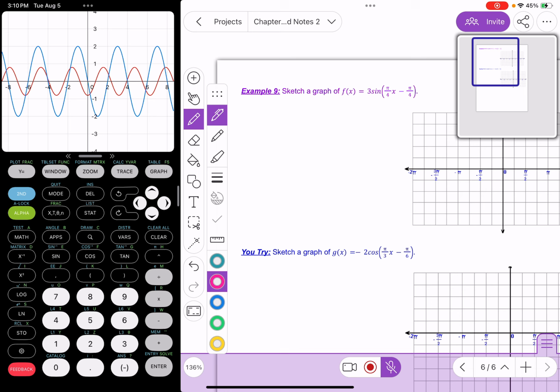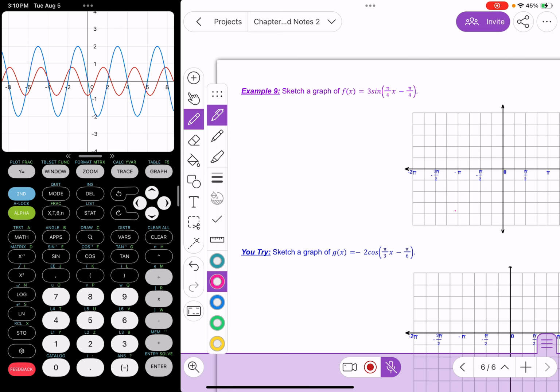So I'm going to do one more, and then I'm going to have you try one. So period, amplitude, phase shift, vertical shift. So in here, before I do my periods, I'm going to take out that pi over 4. If I divide pi over 4 out, pi over 4 divided by pi over 4 is 1, and pi over 4 divided by pi over 4 is 1.